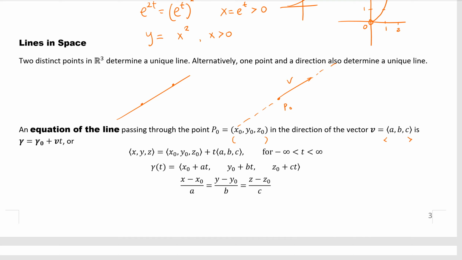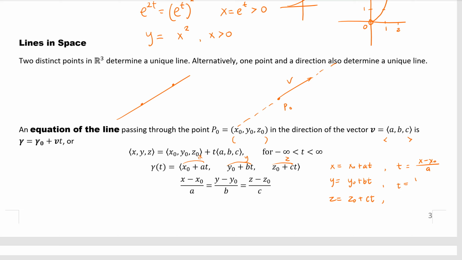Okay, and this is a parameterization, and we know this is the x, this is the y, this is the z. So we have x equals x0 plus at, y equals y0 plus bt, z equals z0 plus ct. We can solve for t. In order to solve for t, we move the x0 to the left and then divide by a.